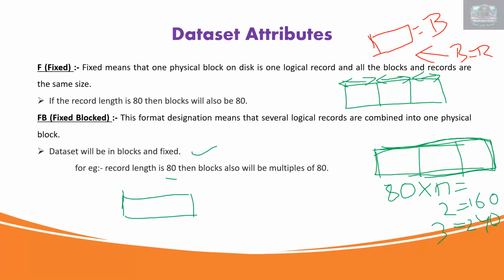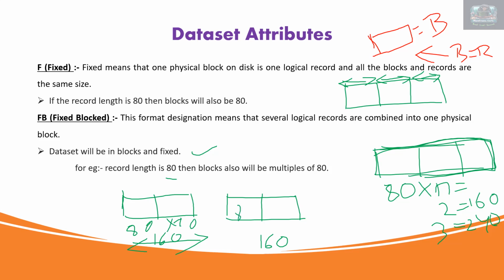You have specified 80 as record length and block size as 160. So this block size will be 160 bytes, taking two records, 80 and 80. And the next data pack will come like this again, 160 block size with two records, 80, 80. Again the third, in the same manner. So here you will be getting data in fixed blocks of 160 bytes.